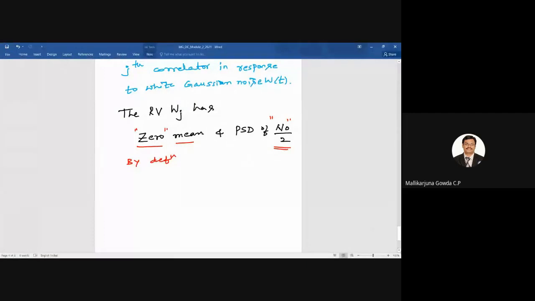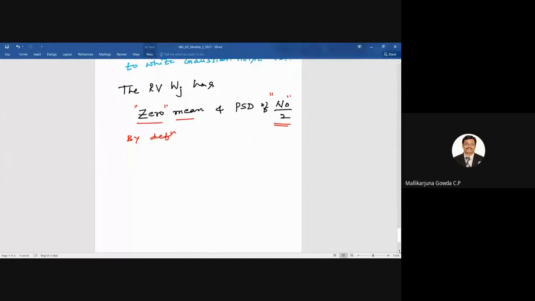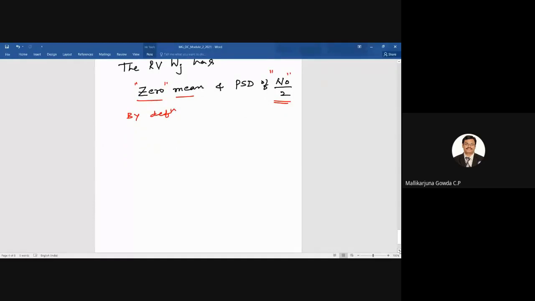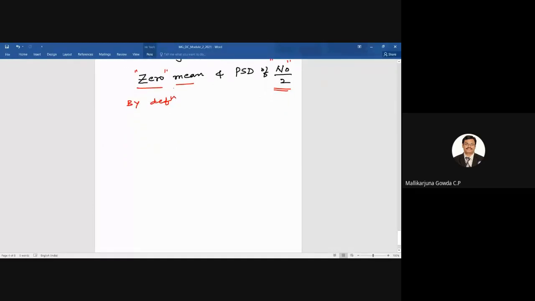We know xj is Sij plus Wj. Already I said the mean of this Gaussian noise is 0.